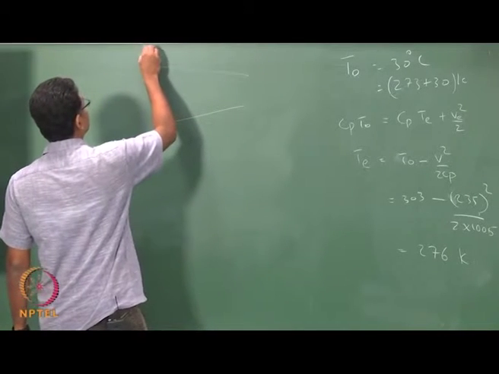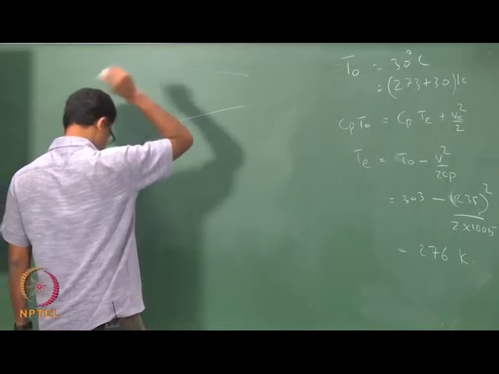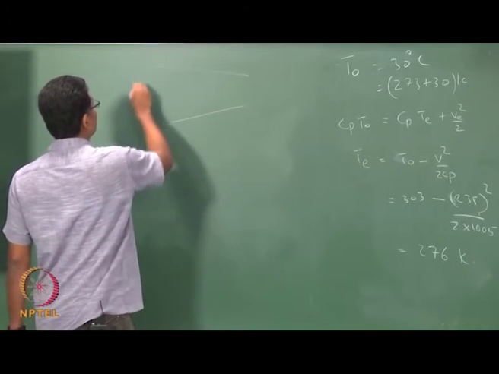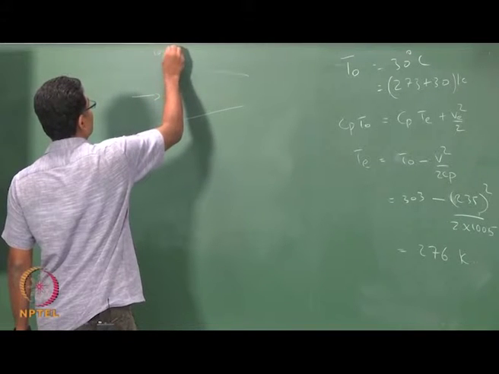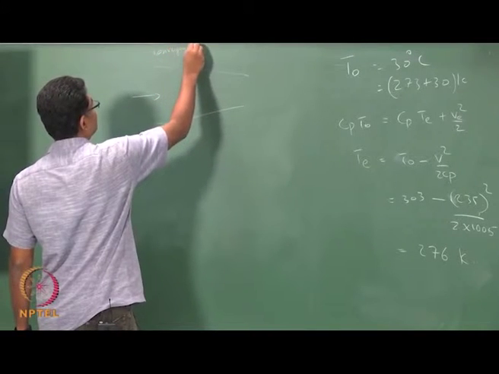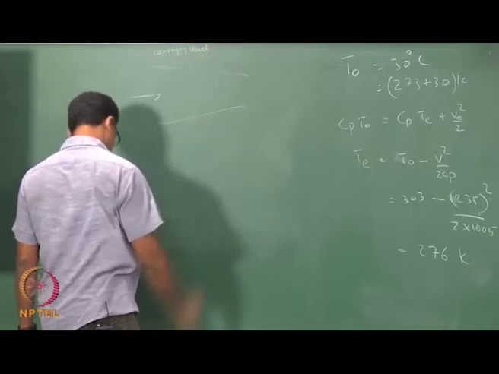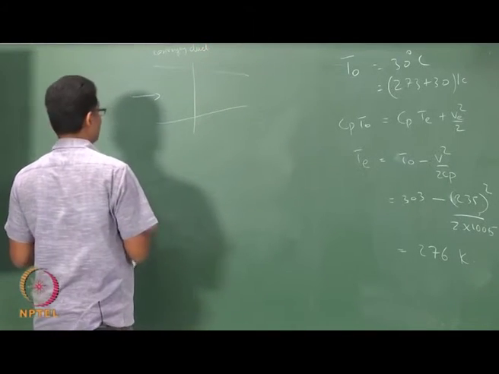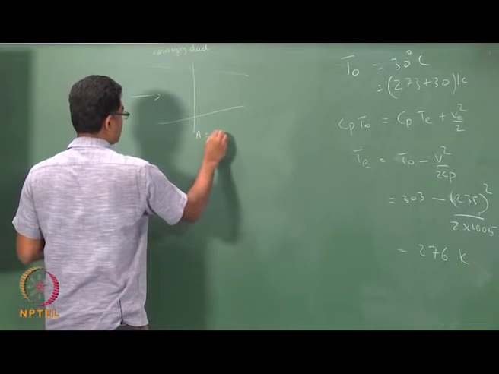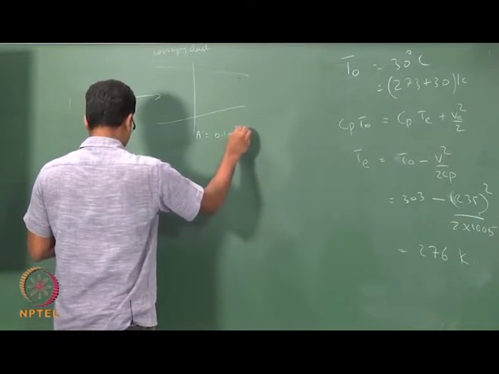So, I have a flow through a converging duct. The area at some location is 0.1 meter square.